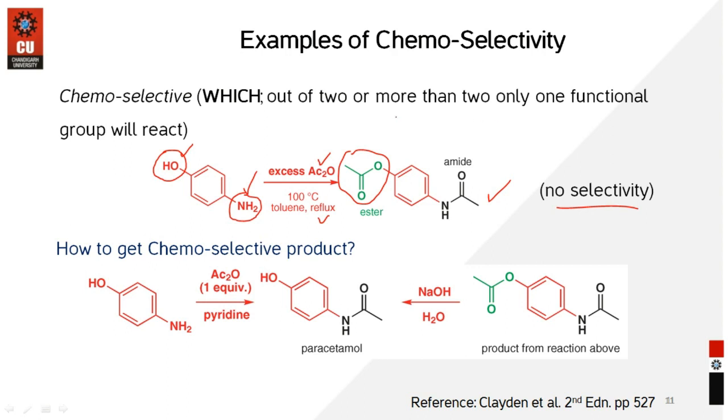For example, if I do this reaction in the presence of acetic anhydride, 1 equivalent, and in the presence of pyridine, then my OH group will remain unaffected and the reaction takes place at the para position. So this is a very famous drug, paracetamol.